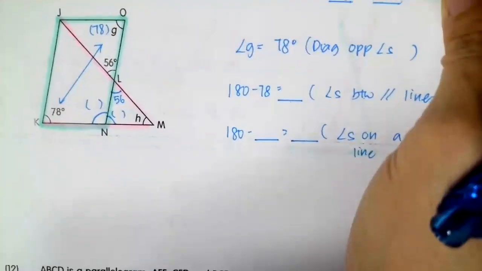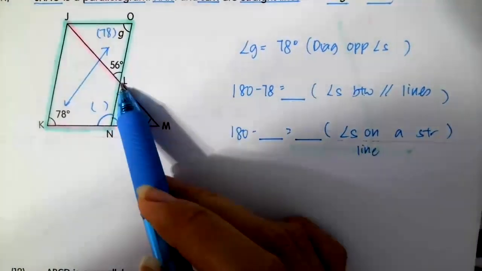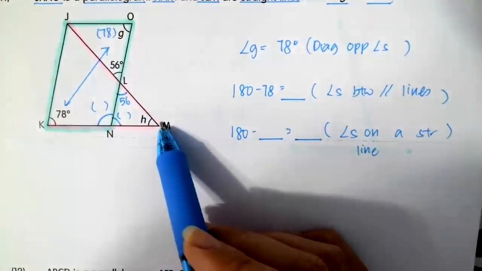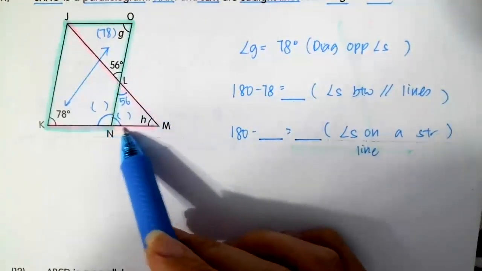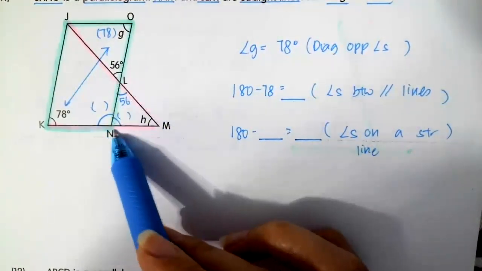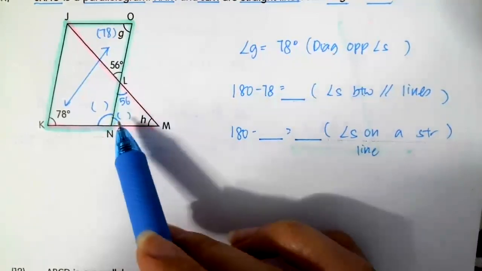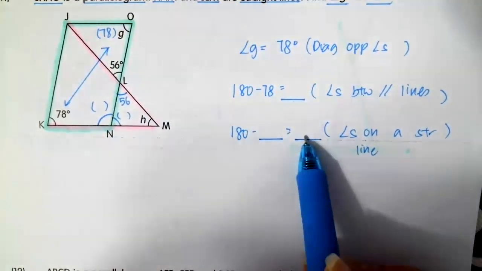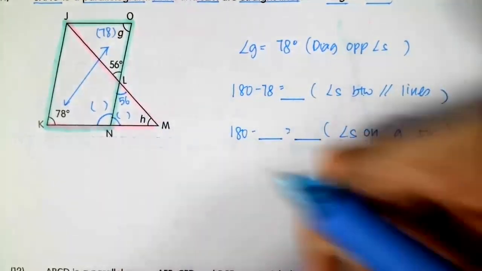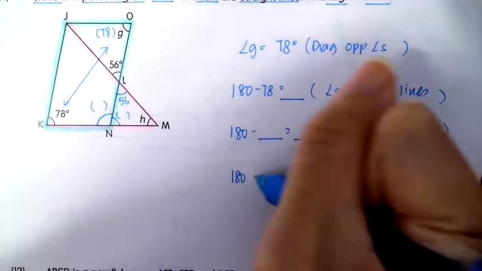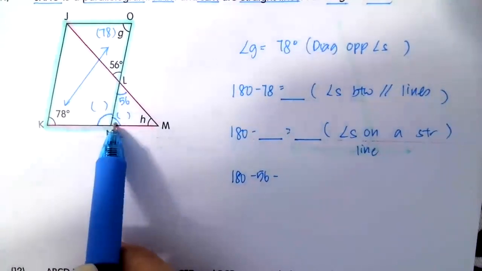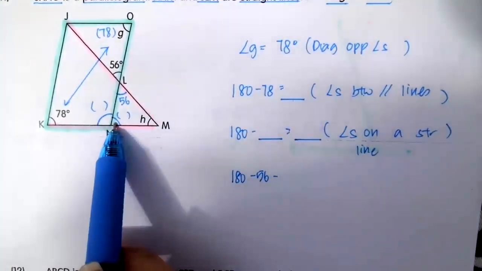The very last step, now boys and girls, can you see this triangle L and M? I say again, can you see this triangle L and M? You have 56. You already found this at this step. You can find angle H now by taking 180 minus 56 minus this angle L and M that you found.